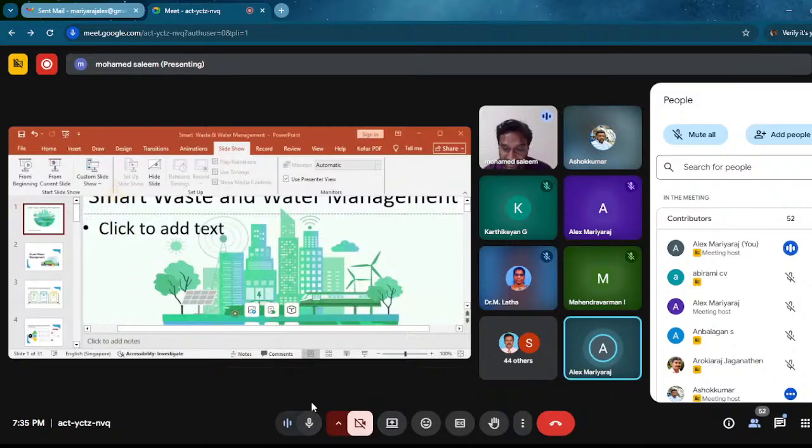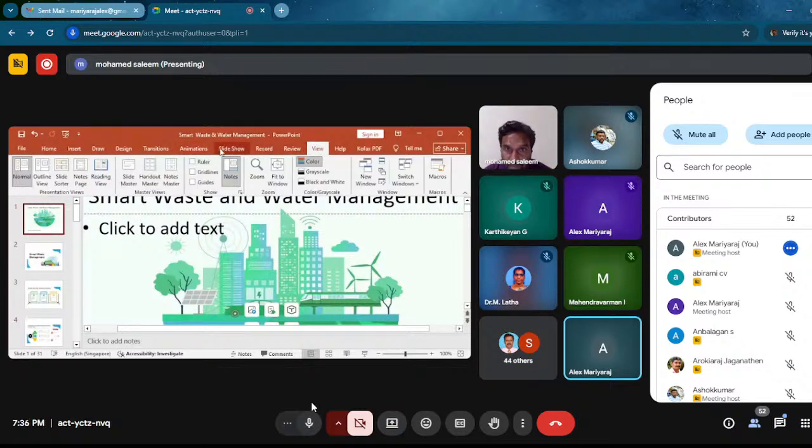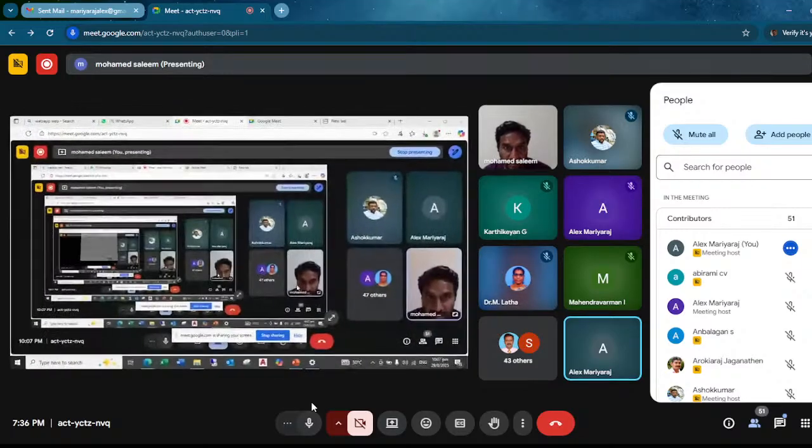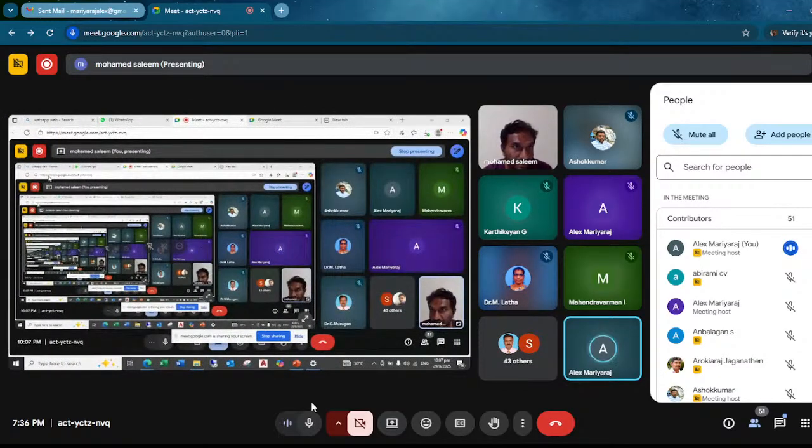Sir, your slides are not in presentation mode. If you go back to your Google Meet presentation mode, click entire screen mode, and after that come to the slides.